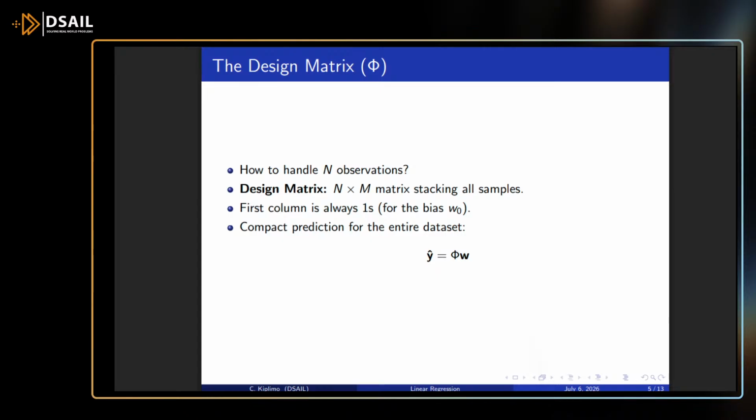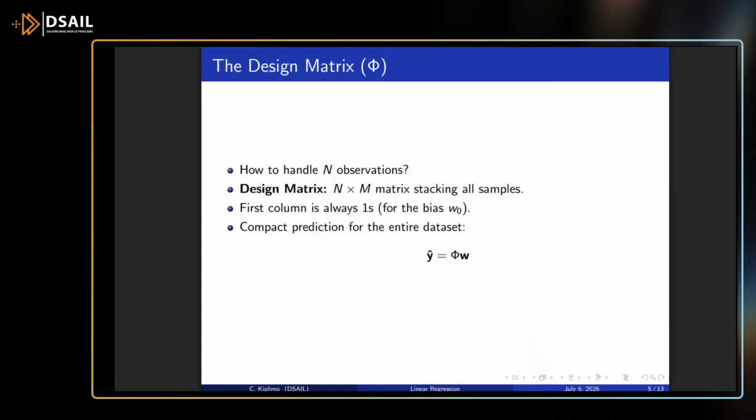Then you can write phi naught of x1, phi naught of x2, and you go all the way to phi naught of xn. Remember from what we discussed earlier that your rows are always your samples. So this is the first sample, second sample, all the way to the nth sample.